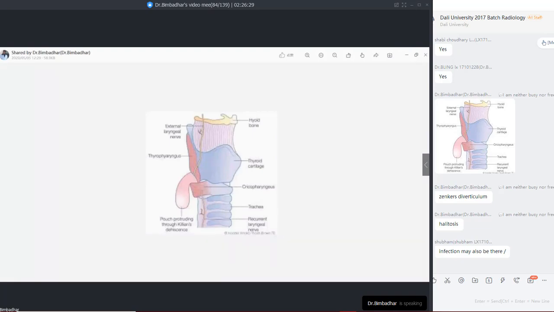Until then, no halitosis, no gurgling sensation; the patient will only complain of constant dysphagia. Did you understand? Most patients are recognized only when a bigger pouch has already formed.